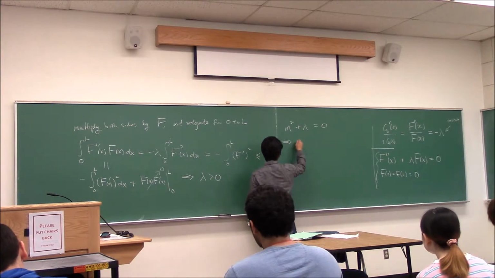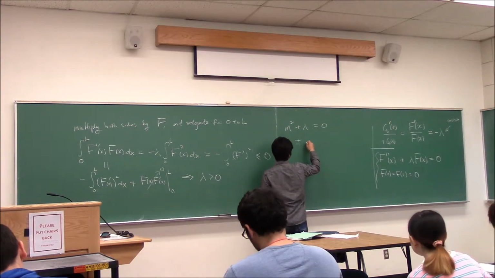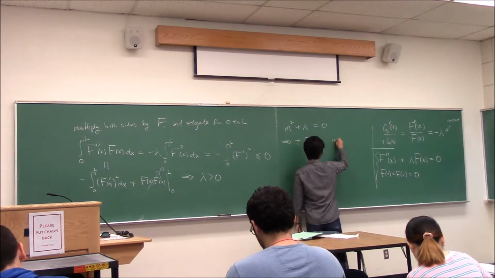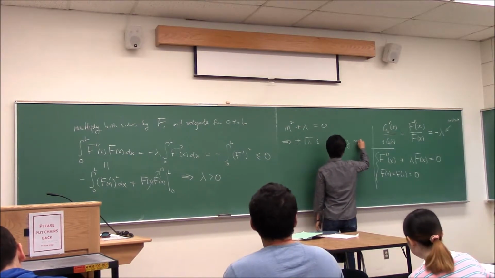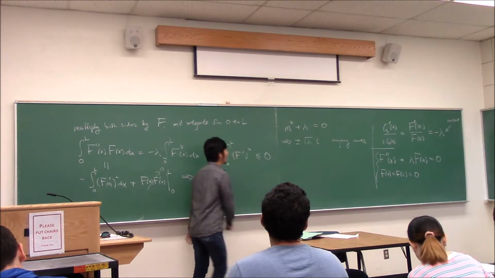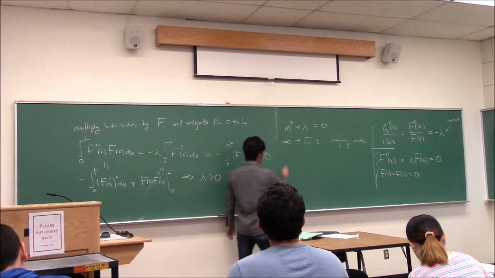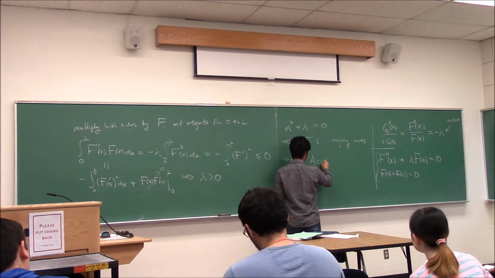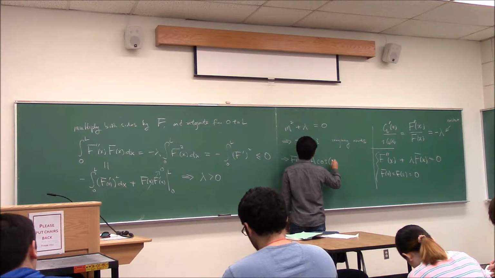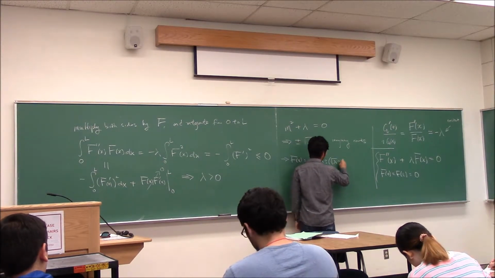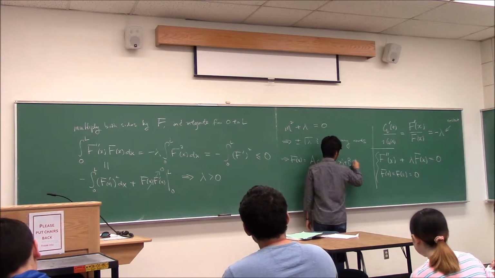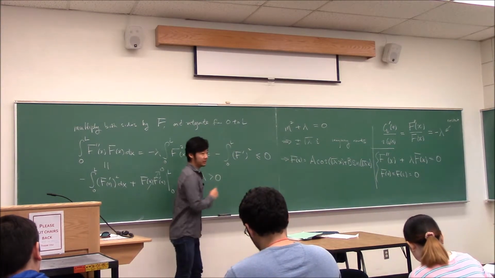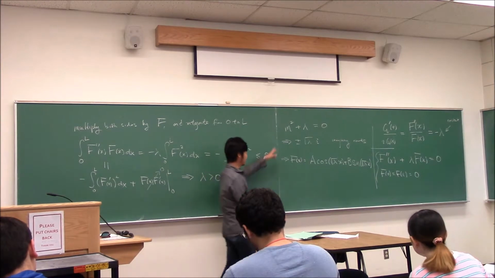So this leads to plus or minus square root lambda i, but when we have imaginary roots, then you can conclude that your solution is of the form some constant a times cosine of root lambda x plus some constant b times sine of root lambda x. Okay, so this just follows from general theory of ODEs.